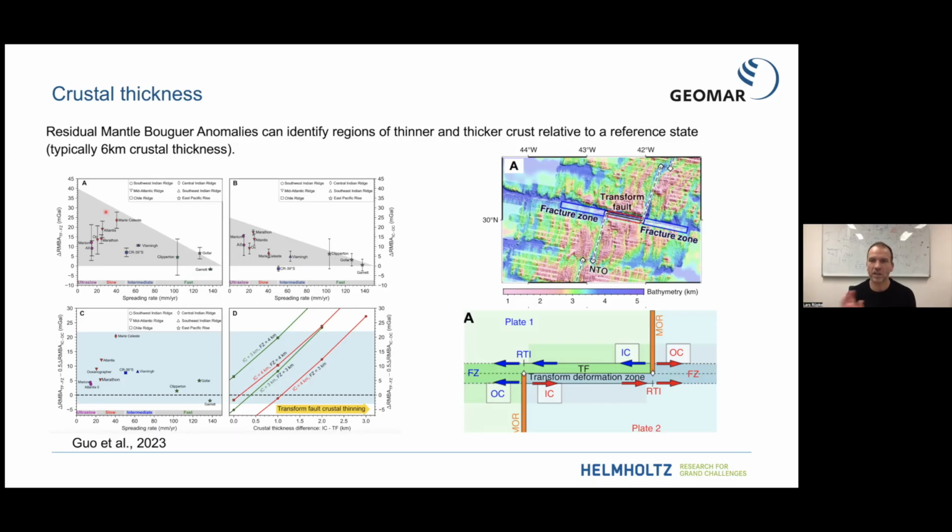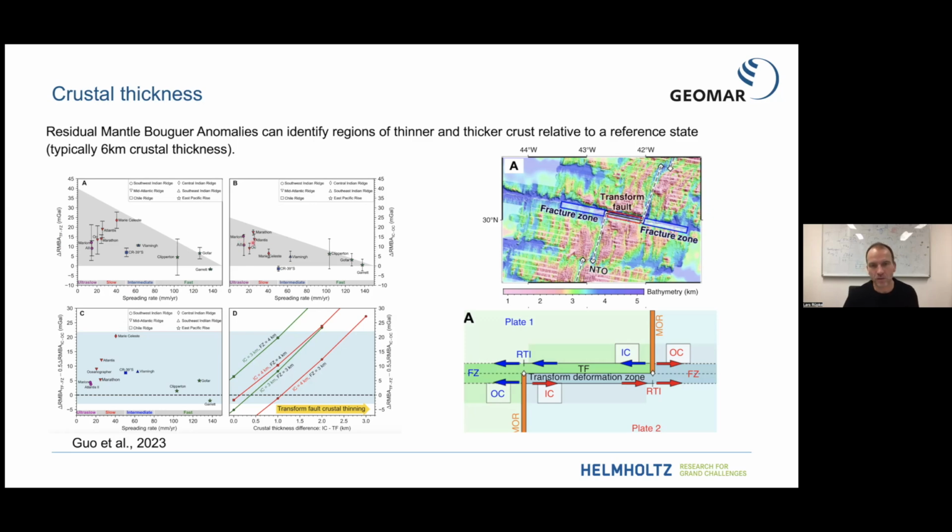But one has to be a bit careful about the baseline because there's this well-known discrepancy between inside corners and outside corner crust that has been known for a long time. If you account for that, you see that there's a systematic difference between inside corner and outside corner crust. So the inside corners have these typical tectonic massifs, the outside corners not.